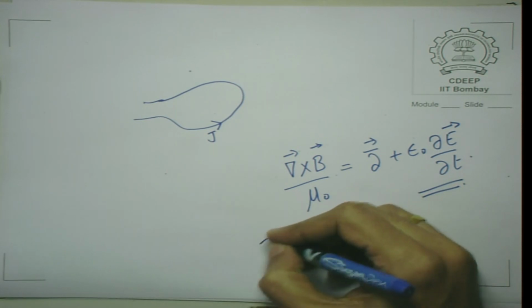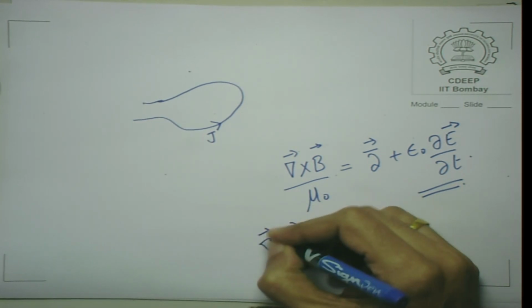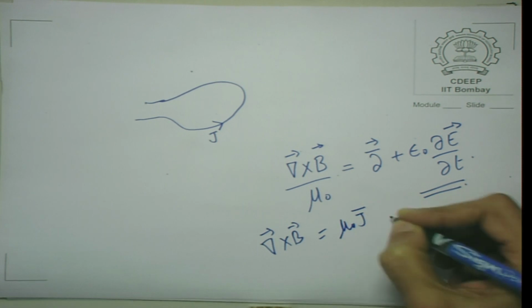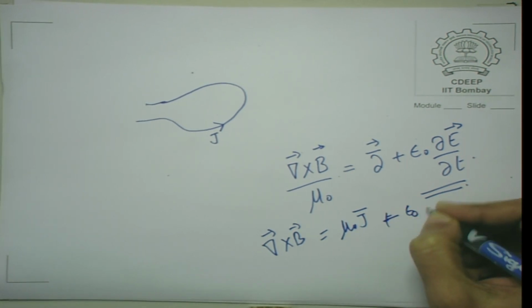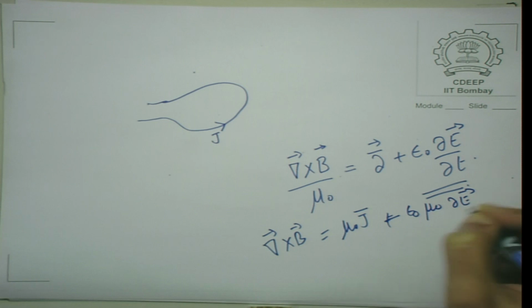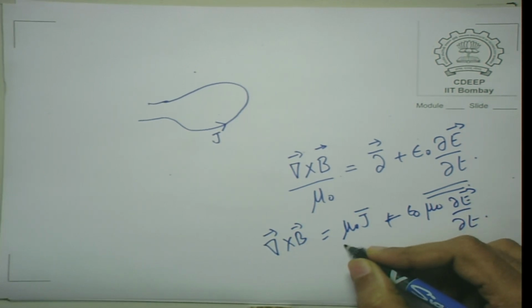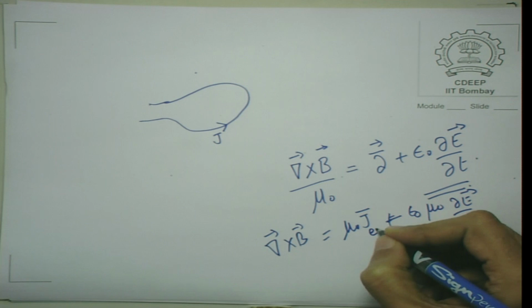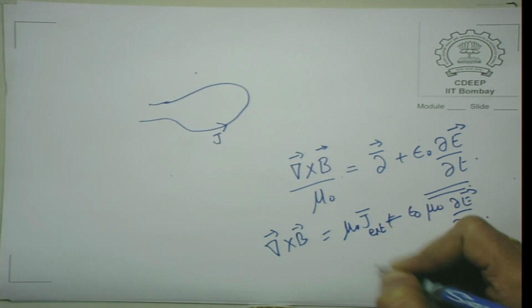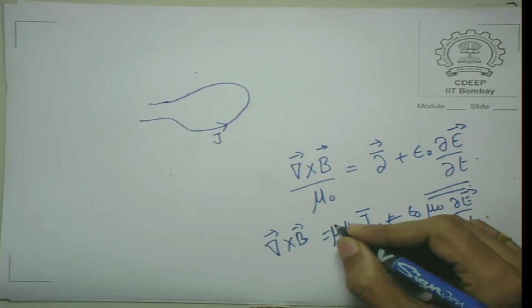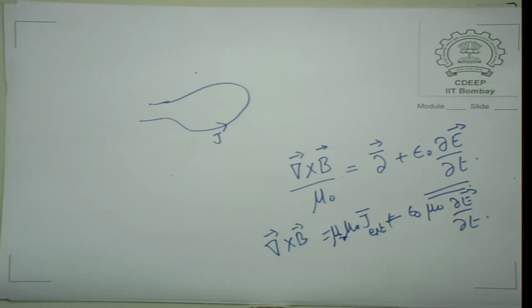So, in a ferromagnetic material, you will find that for the same J, you will find a larger magnetic flux density, and therefore, if you multiply both sides by mu naught, plus epsilon naught mu naught, and if you only consider the external currents, then to account for the magnetic currents, all you have to do is multiply by the relative permeability.